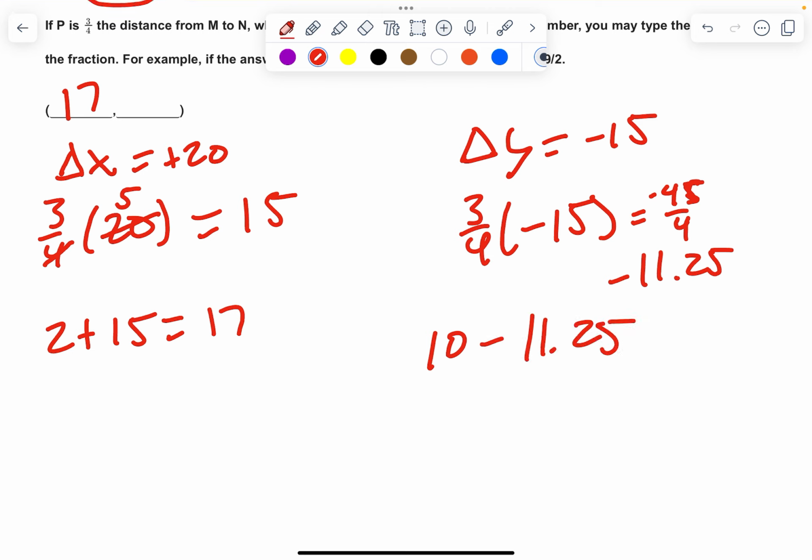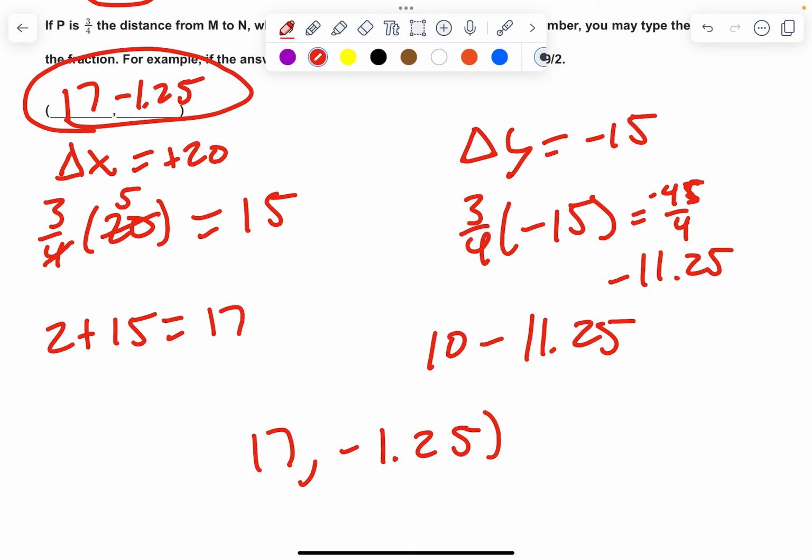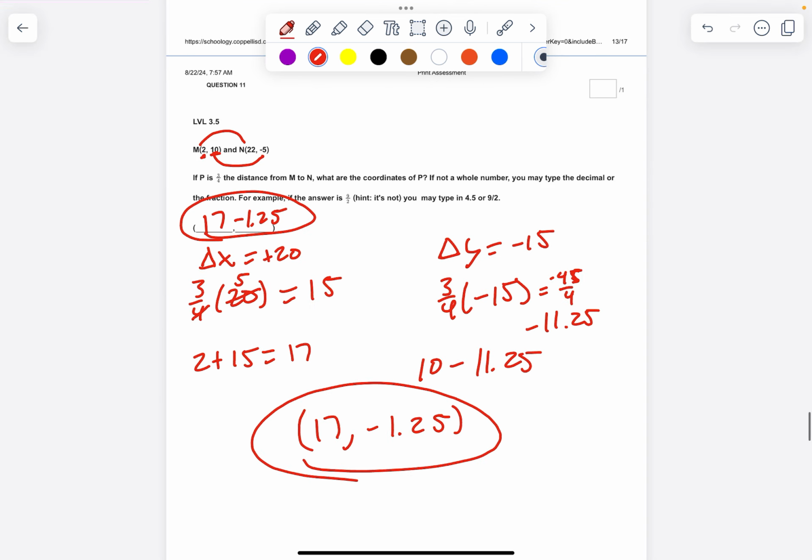We end up at negative 1.25. So it is 17, negative 1.25. Nailed it. It says you may type the decimal or the fraction. So there you go. So we can leave it as just negative 1.25 if we want. That'd be negative 5/4 if we were writing the fraction.